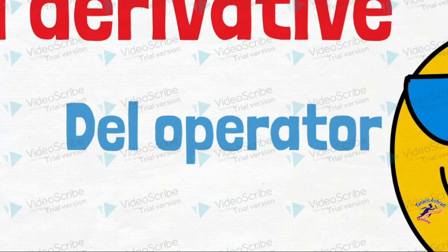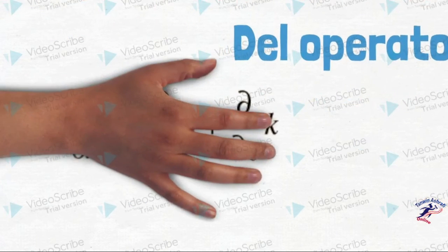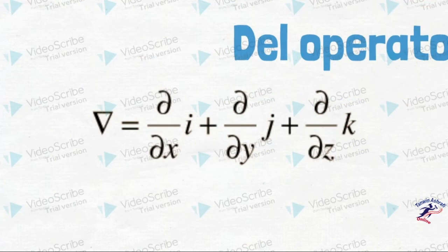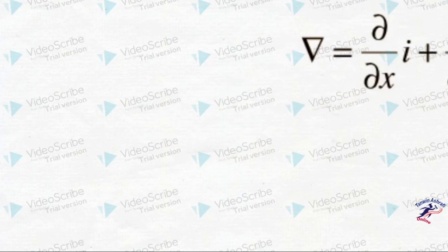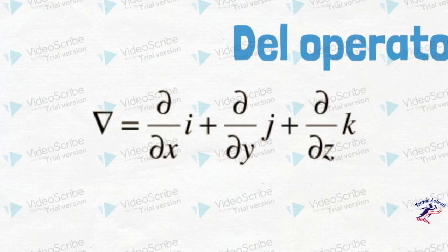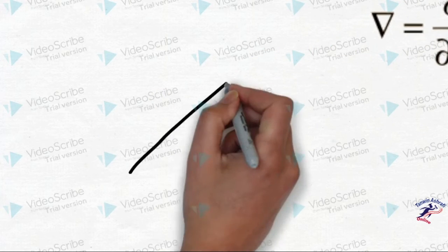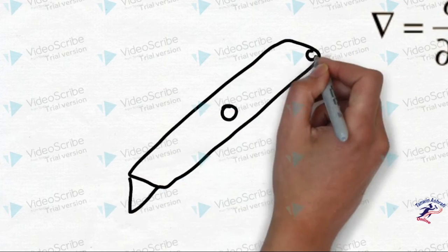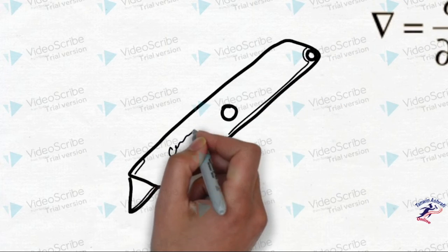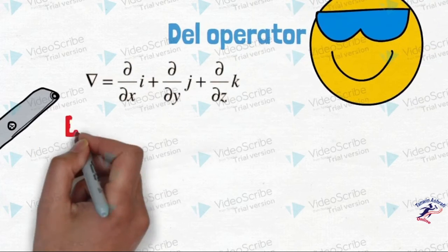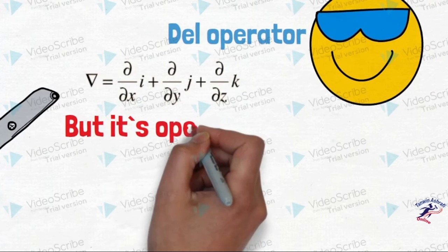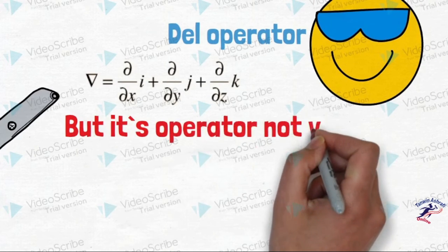Therefore we had a del operator. Now what is the del operator? Del operator is the operator showing the variation in x, y and z. It is a technique tool through which we can work in vectors, but it's an operator, it's not a vector.